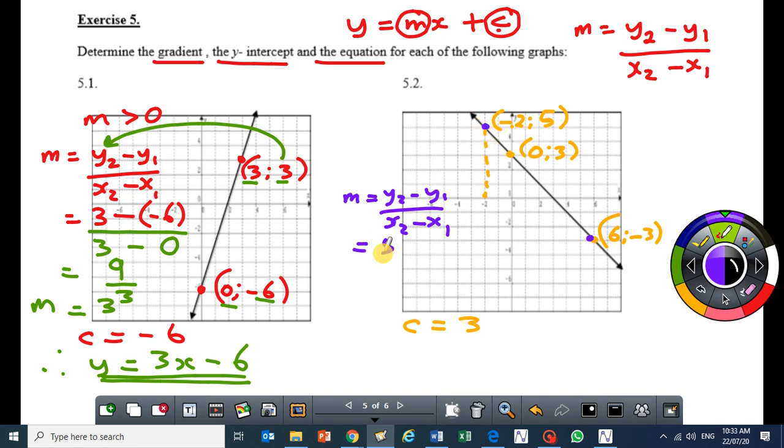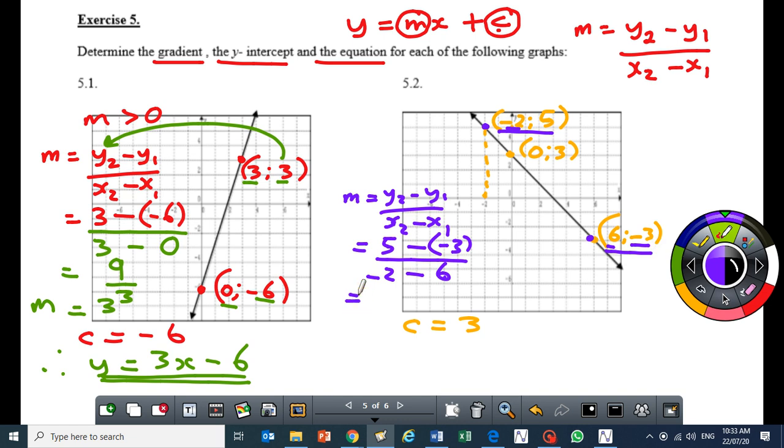So it will be 5 minus minus 3, I'll put the minus 3 in brackets, all over x2, that's minus 2, minus 6, which is that. I'm sure you can see that this one and that one correspond to those two, and this one and that one correspond to those two. That's very important.